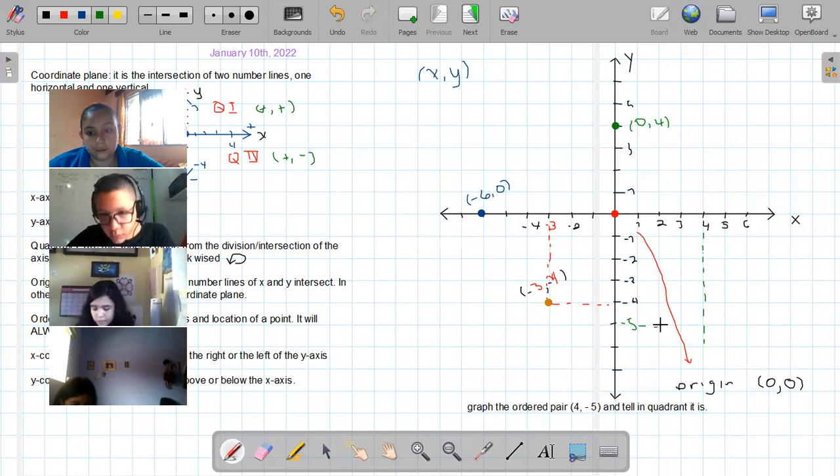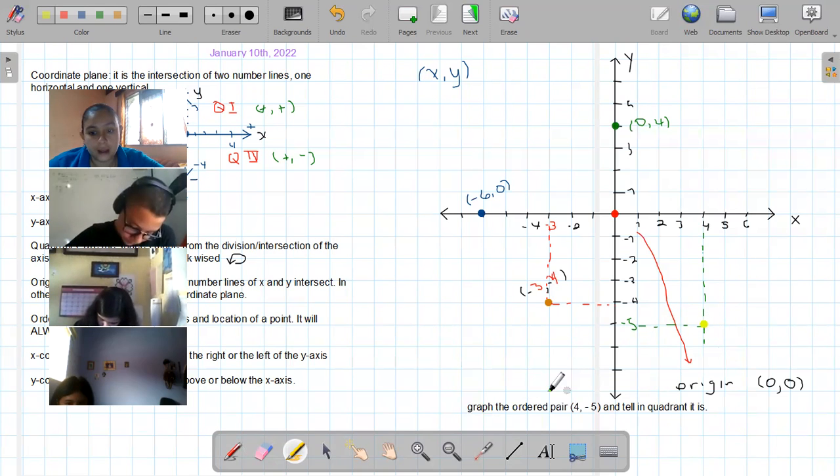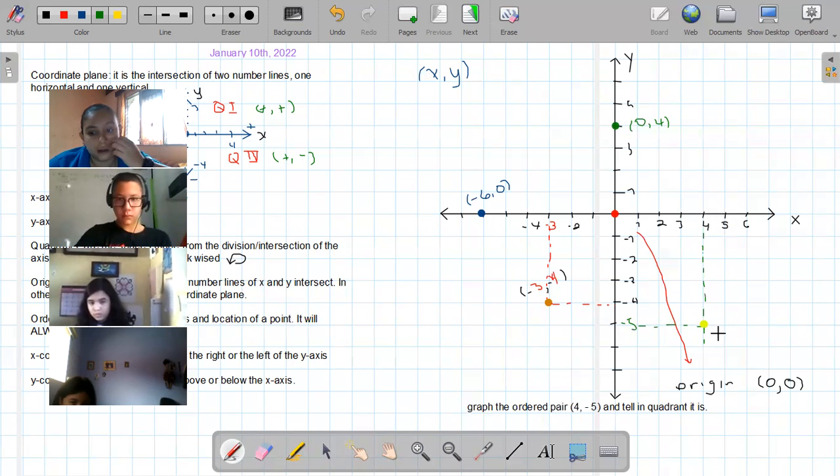So it goes this way. So right there at that point where they intersect, that's going to be this point. So like Maria Fernanda said, this is 4 comma -5, and it is in the 4th quadrant.